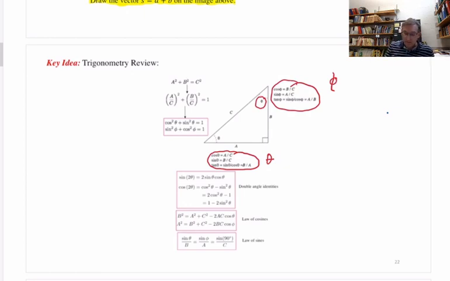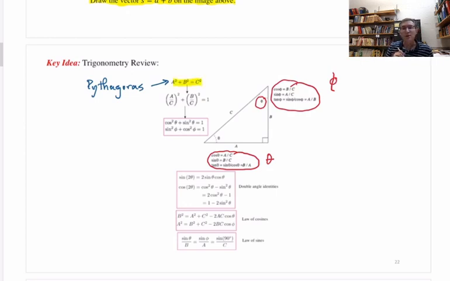Now, of course, we remember, I suspect, our old friend Pythagoras, who taught us a long time ago that for a right triangle, there's a nice simple relationship between the lengths of the three sides of the triangle. The length of one leg squared plus the length of the other leg squared equals the length of the hypotenuse squared.